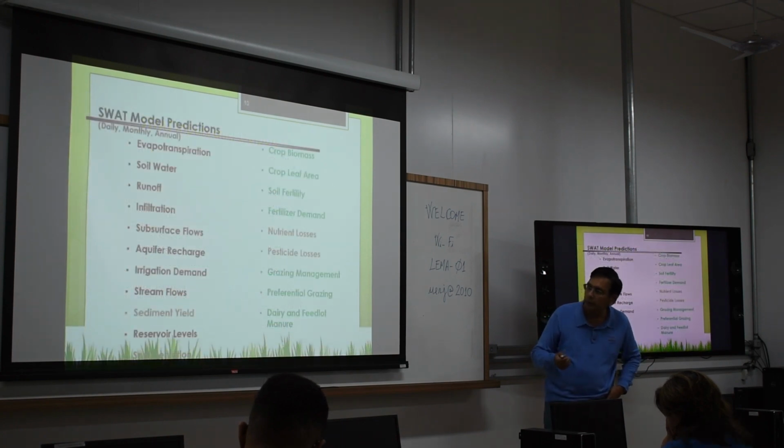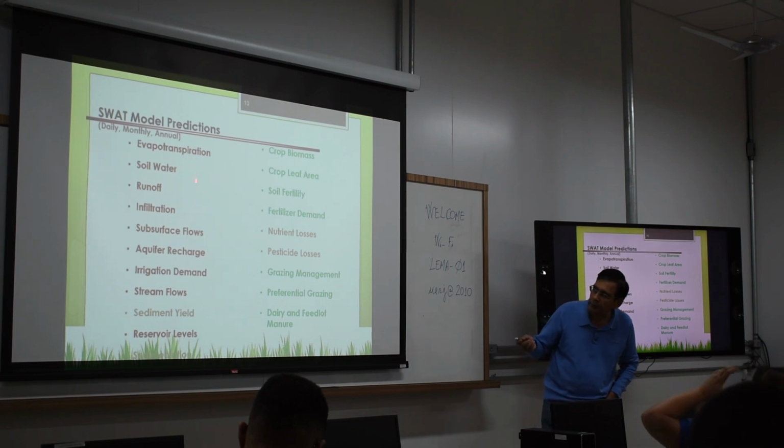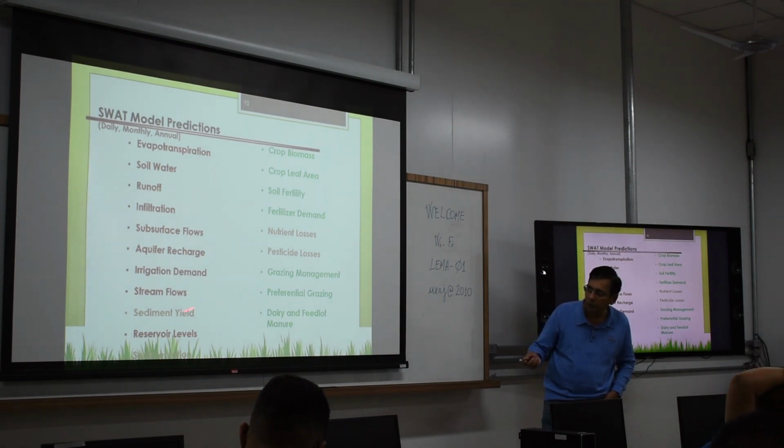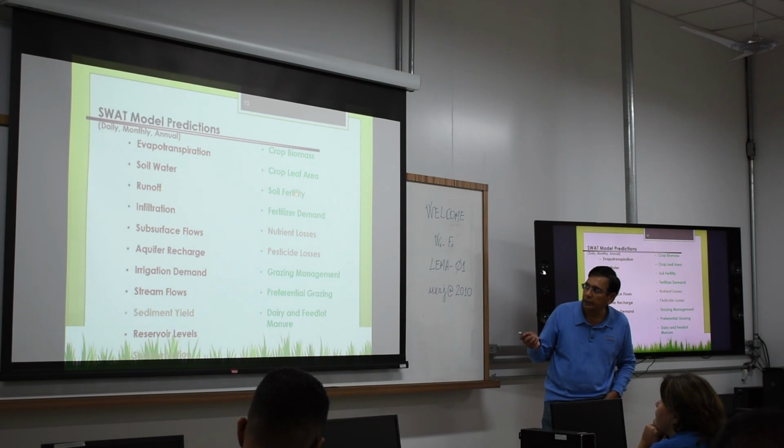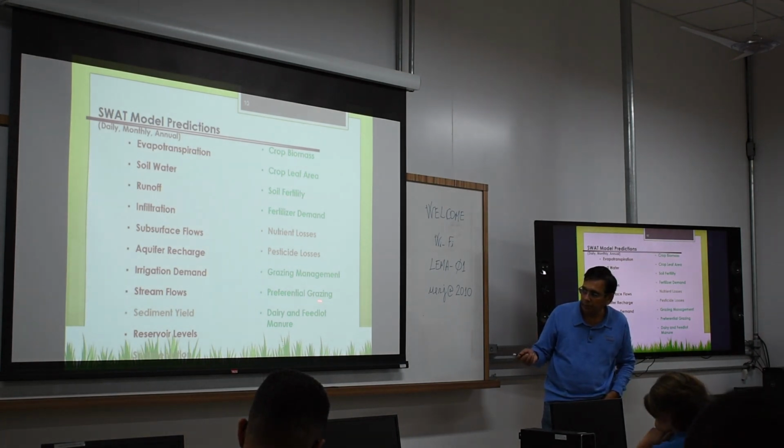Again, just to give you more information, you can get the water budget. This is the sediment, nutrient and pesticide, and these are all the other outputs that you can get, like crop biomass, leaf area index, soil fertility, okay, and grazing management, preferential grazing.